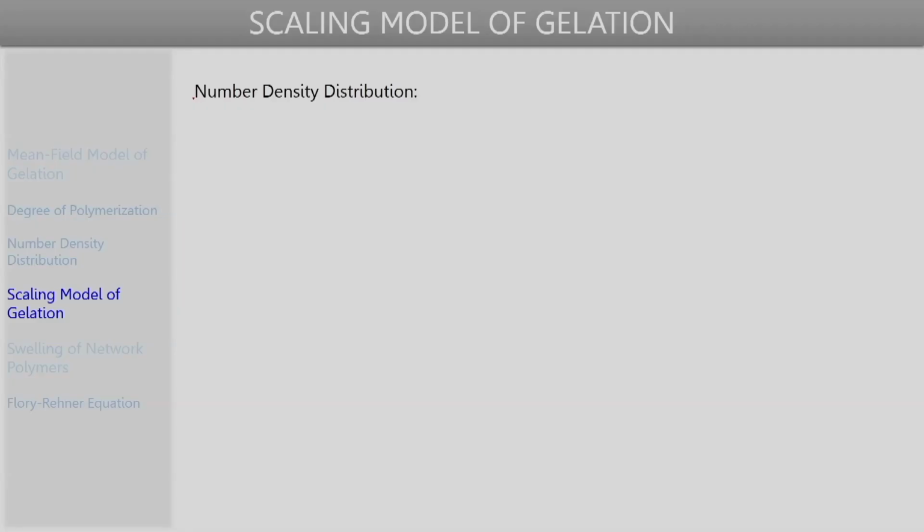If we consider the scaling model of gelation, which was developed through the work of de Gennes and others, and talk about the number density distribution, which we were discussing in the previous slide for the mean field model, it actually has a similar form, but there are some important differences.